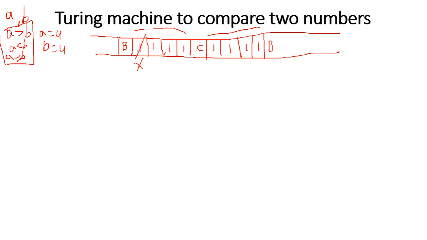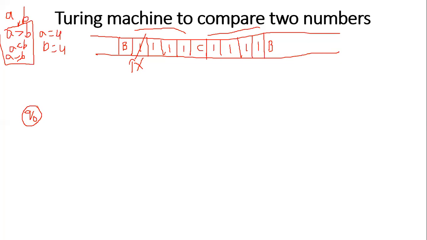For every one you find in the first number, check whether you have one in the second number. It is very similar to what you have done for A power n and B power n.